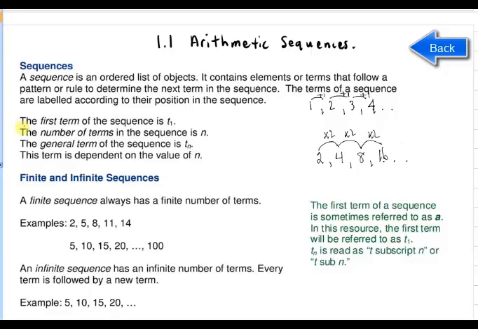So some things that we need to know before we move on. The first term of the sequence is T1, and the number of terms in the sequence is n. This is also considered the term number, or if you like, the position in the sequence.